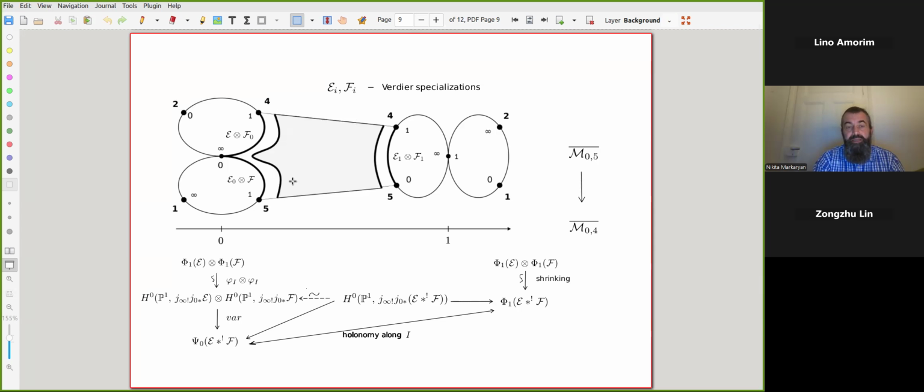So we can present, for example, over 0 we have a nearby cycle which here is represented by this figure, which is tailored from 2 vanishing cycles, this interval and this interval, and this presents the product of vanishing cycles. On the other hand, if you look at the fiber over 1, because this thing is blown down, it means that this thing also presents a vanishing cycle.